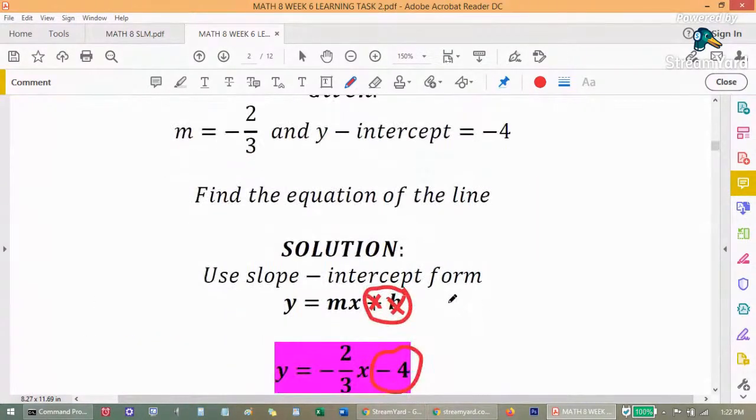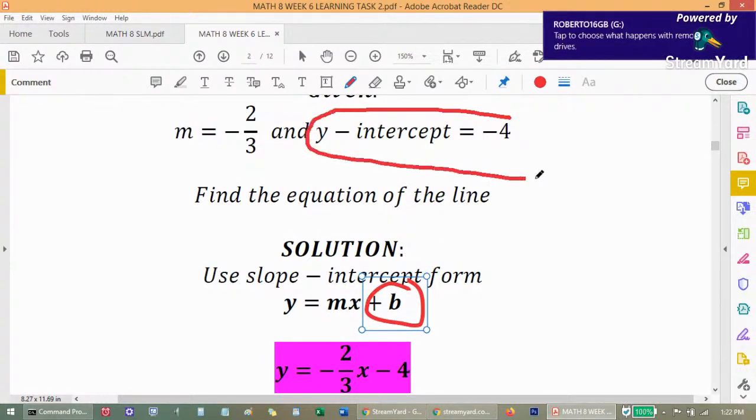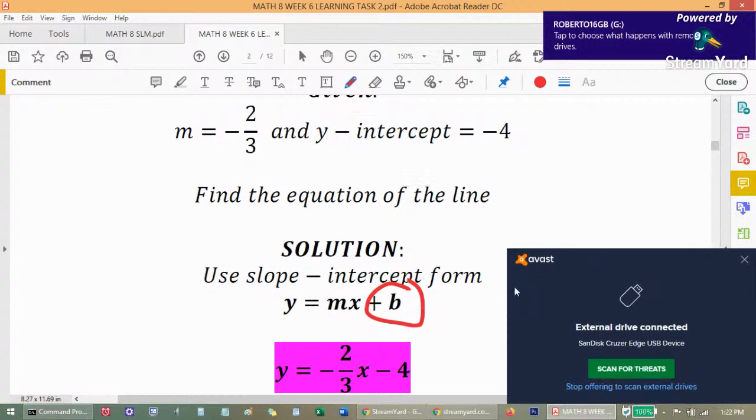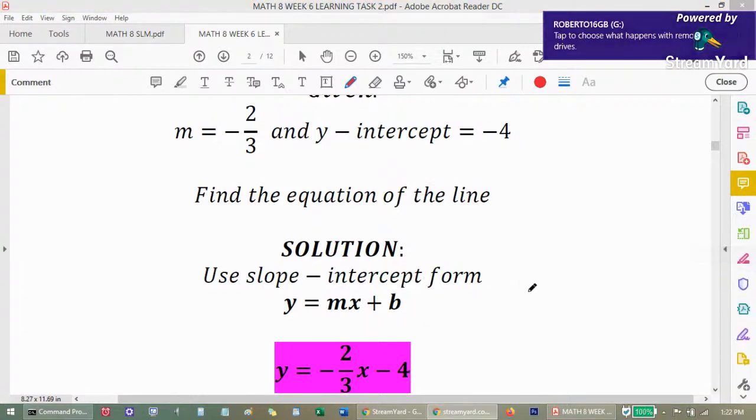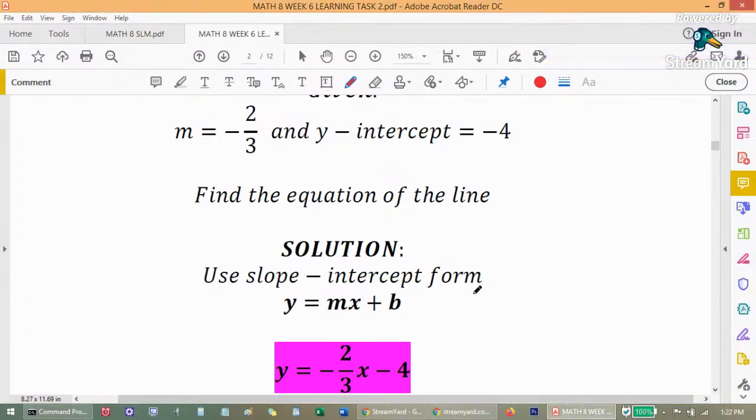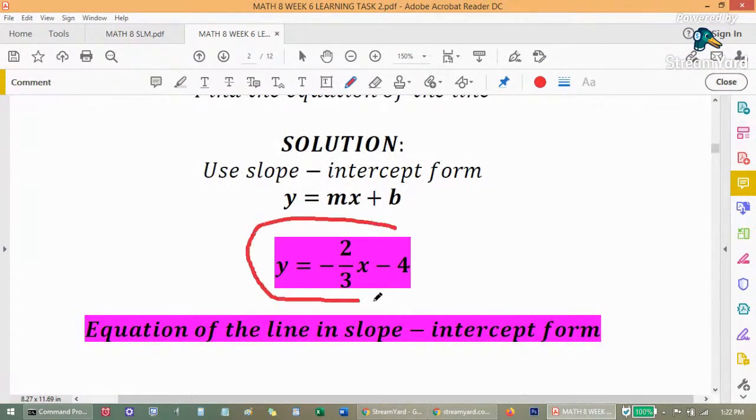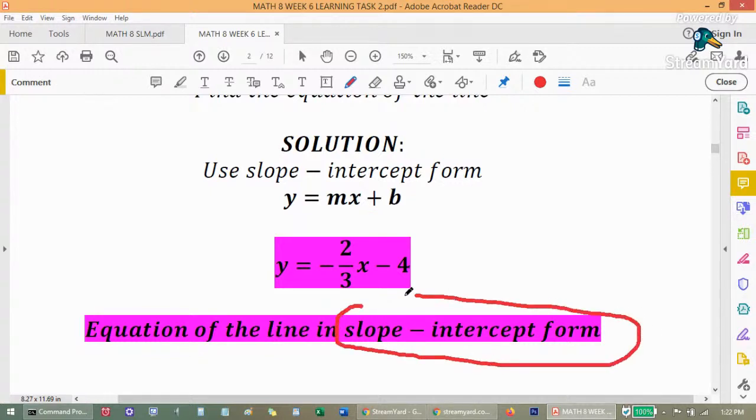Okay? So, again, itong B is the y-intercept. So, therefore, ito na yung ating equation. This is the equation of the line, pero this is in the slope-intercept form.